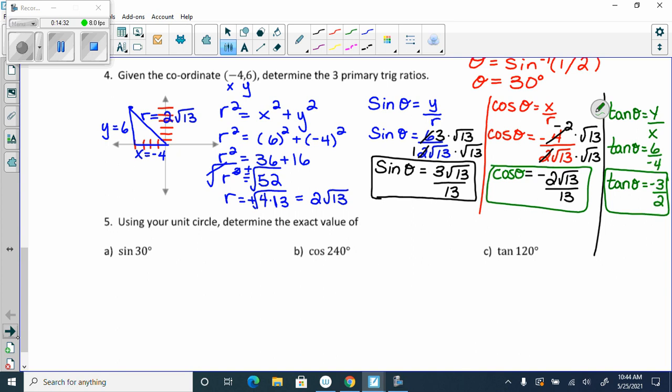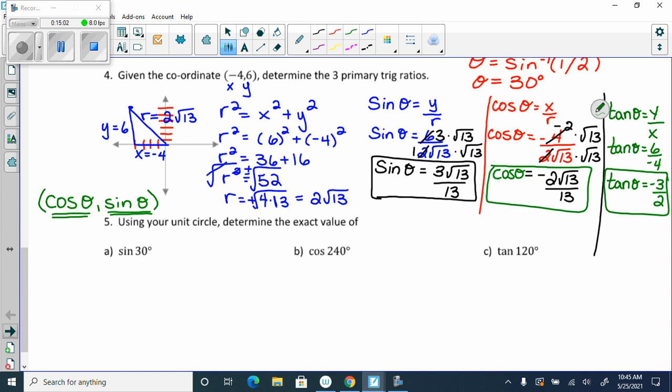Anyways, Calgary Stampede. So it's cos theta, sine theta. Off of the unit circle, remember that the answer for x is where your cos answer is. Your answer for y is your sine answer, correct? And then tan, we actually have to do y divided by x. So tan I can't just pull off the unit circle, but the other two I can.